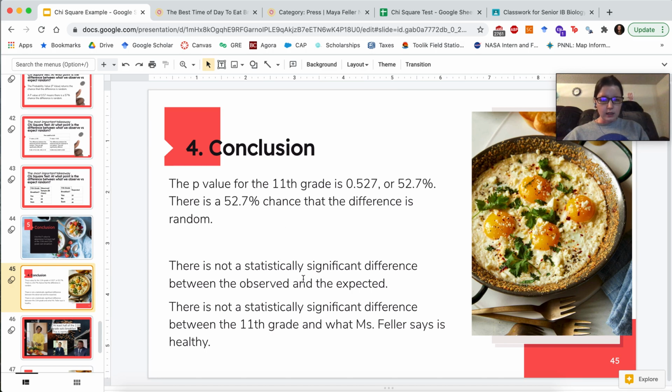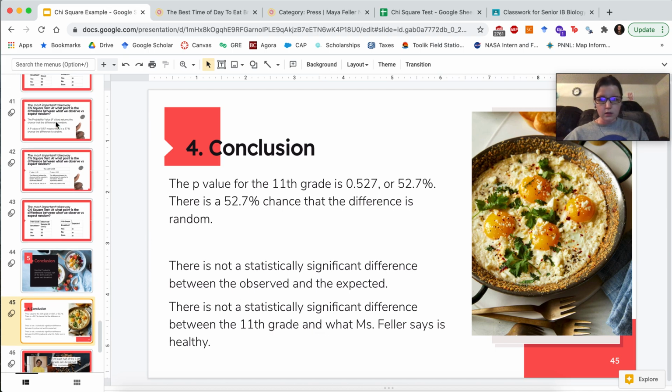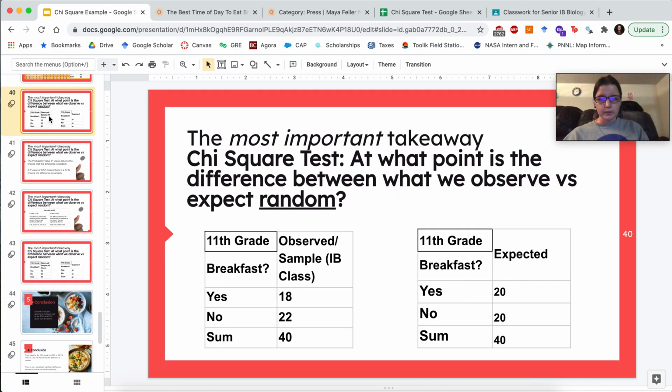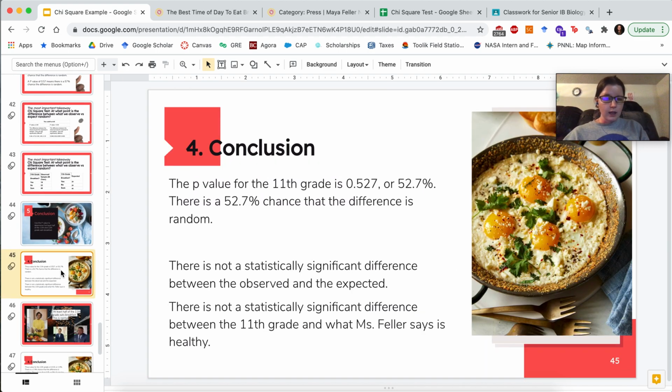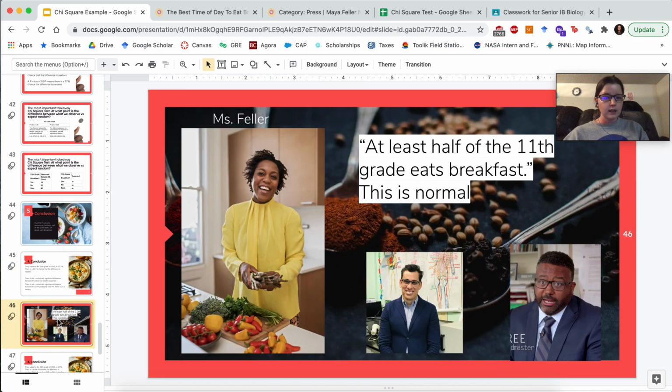There is not a statistically significant difference between the observed and the expected, or there is not a statistically significant difference between the 11th grade, between having 18 yeses and 22 nos, and what we would expect, having at least half being yes and at least half being no. So in that way, we can go to Ms. Feller and say at least half of the 11th grade eats breakfast. This is normal. We shouldn't be concerned about how many students eat breakfast in the 11th grade.